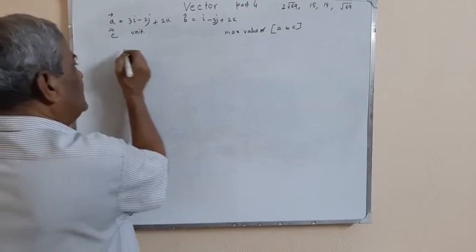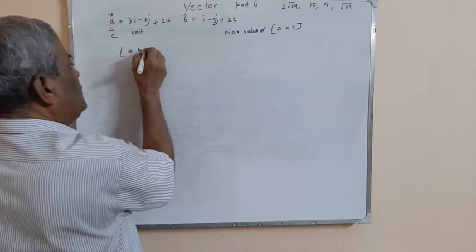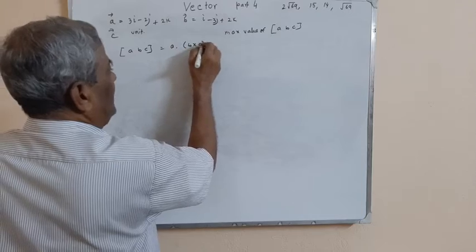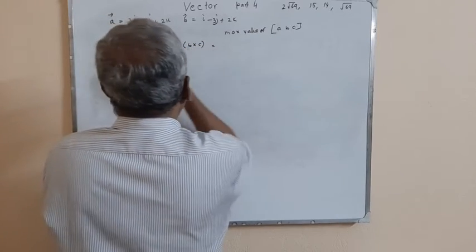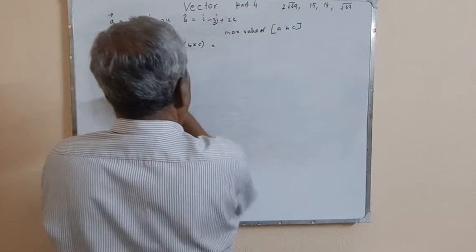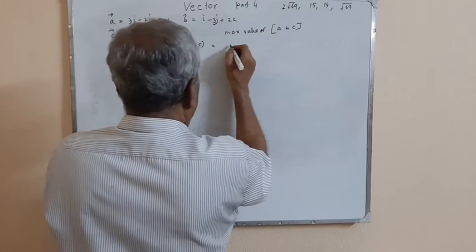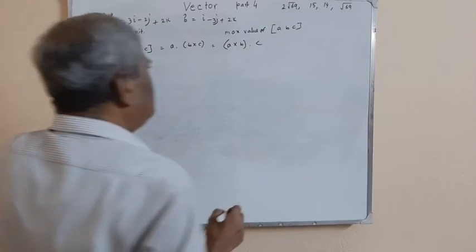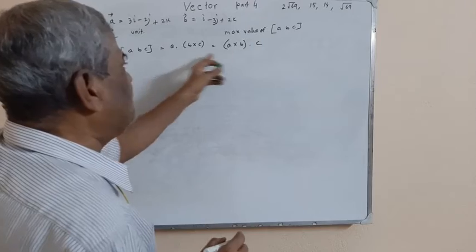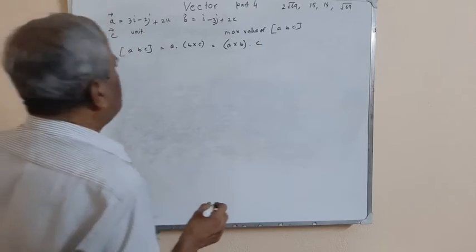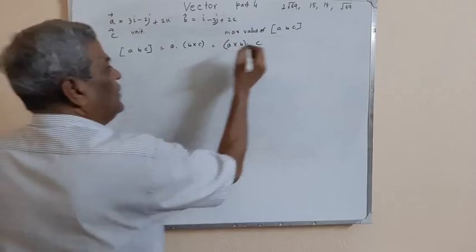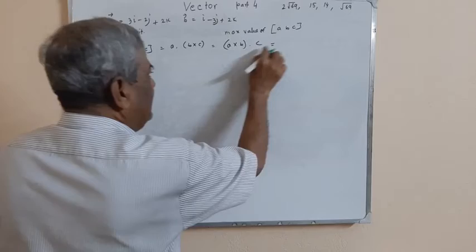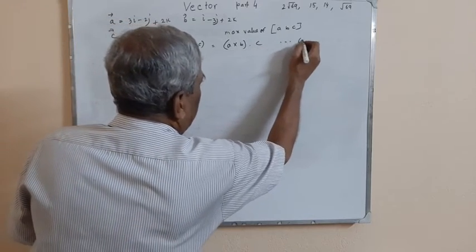We know that box A, B, C is equal to A dot B cross C. It can be written as A cross B dot C, since cyclically we can change it. So A cross B dot C. Let us suppose that this is 1.